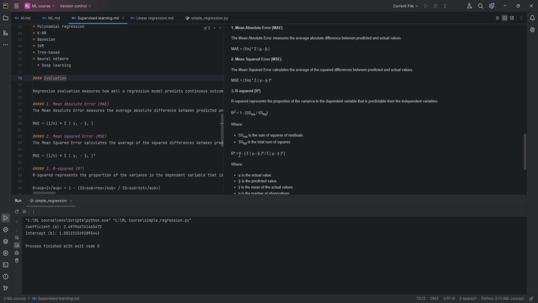And that's how this is used. We can see it as 0 to 1 or 0% to 100% describing the variance. And the closer R2 is to 1 or 100%, the better the model is doing.